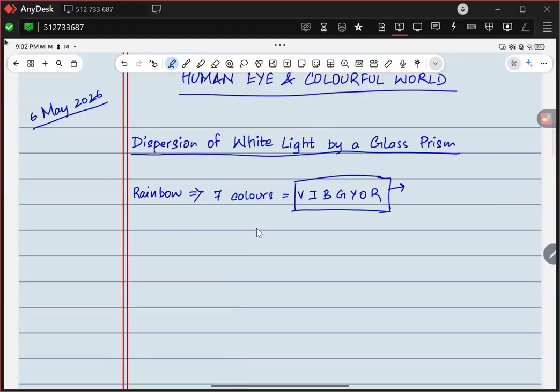Sir, violet, indigo, blue, green, yellow, orange, and red. Yeah, but if you combine all of these colors, what color will you get? Sir, white. Yes, exactly. White color. So if you combine all of these colors, you'll get white color.